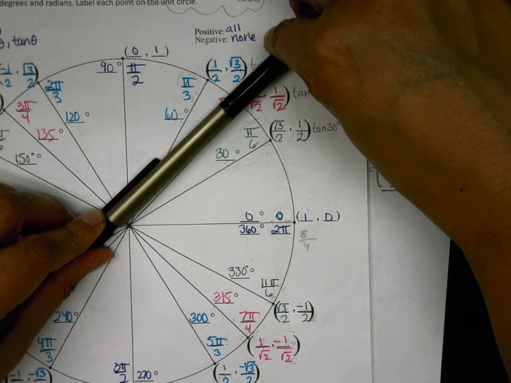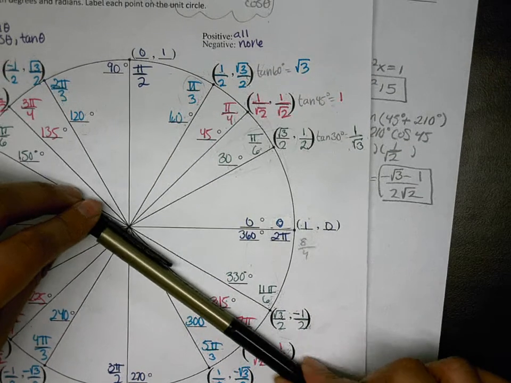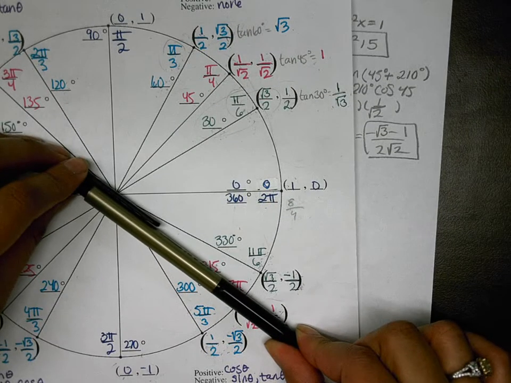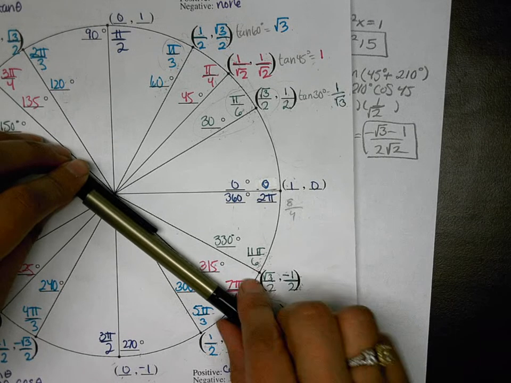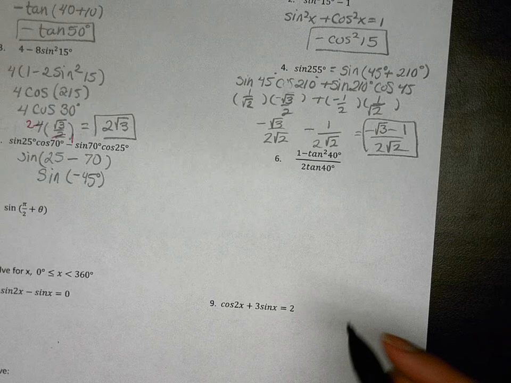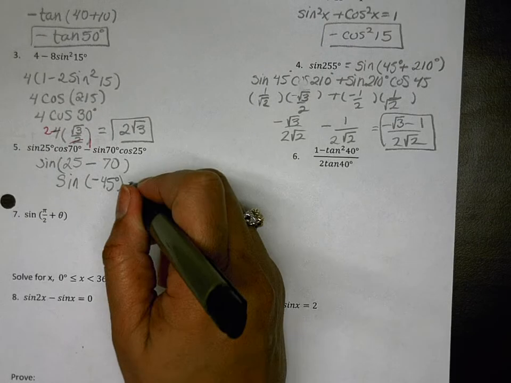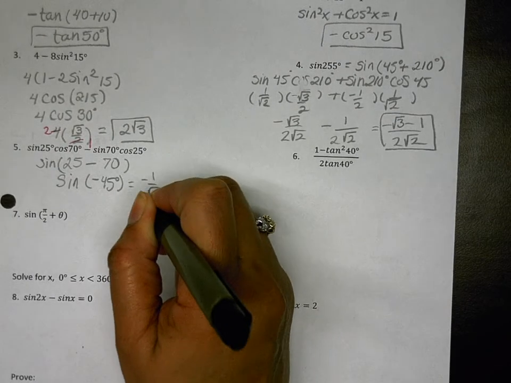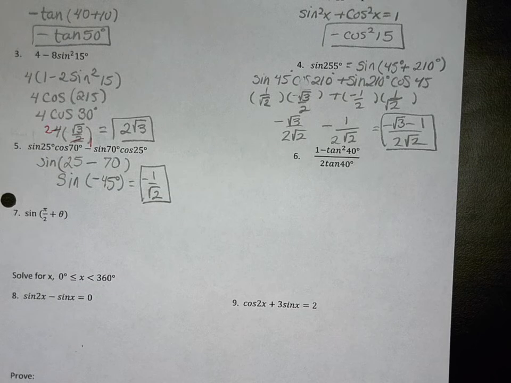Positive 45 goes that way, negative 45 goes that way. Do you guys agree? So negative 45 is here. What is sine of negative 45? Negative 1 over root 2. Any questions on number 5?